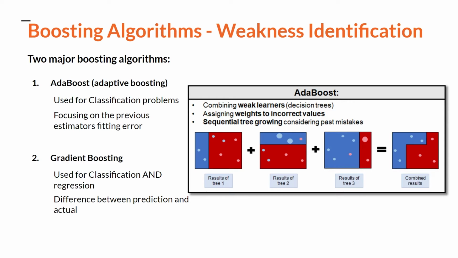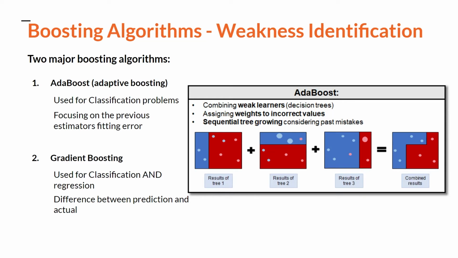So it tells tree 2, I've incorrectly classified these 2 blue dots. So it assigns weight to those 2 blue dots. So decision tree 2 draws a boundary as a horizontal line near the top, and it correctly classifies those 2 blue dots. However, it incorrectly classifies the red dot.